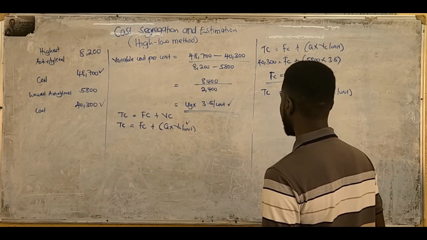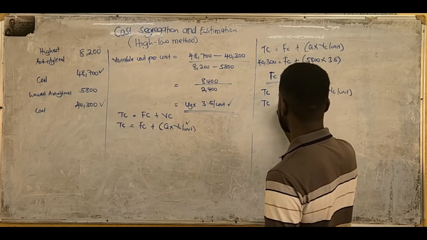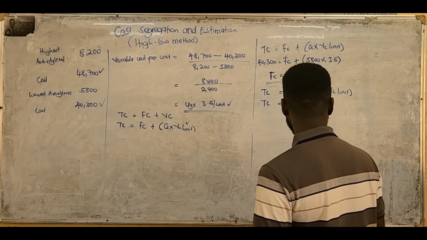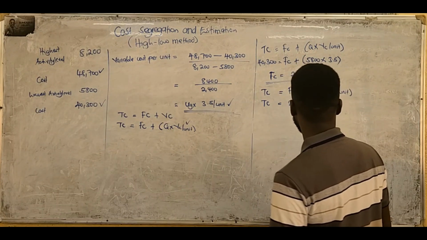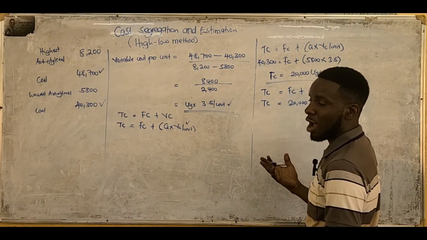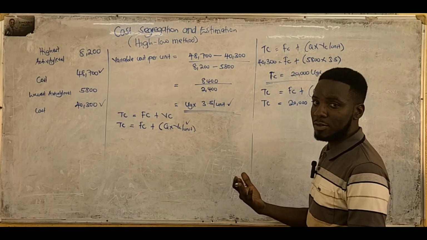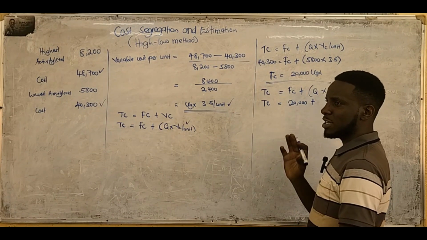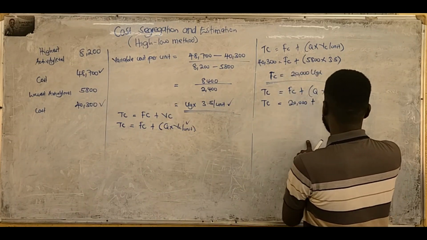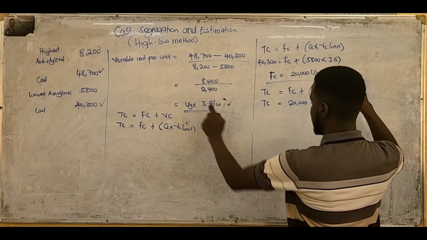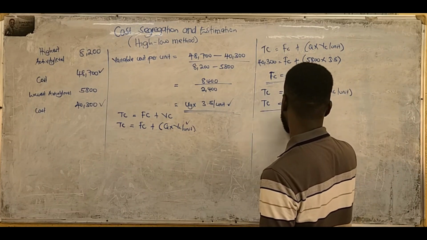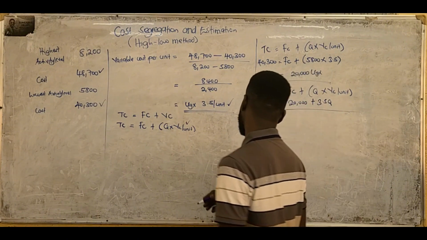Now the total cost will be: we have the fixed cost, which is 20,000, then plus the Q. Now we don't know later on how many production units we shall give out, so we shall just get the production units that we want and place them here. So our variable cost per unit is 3.5, so we shall have 3.5Q. And this, ladies and gentlemen, is what we call the total cost equation.